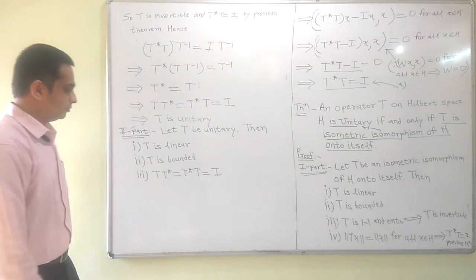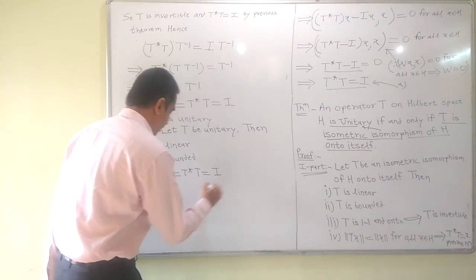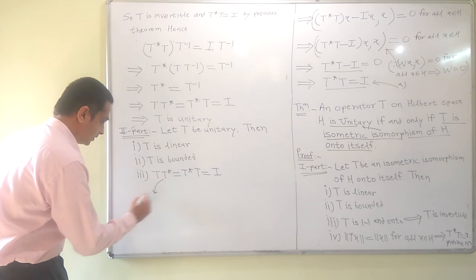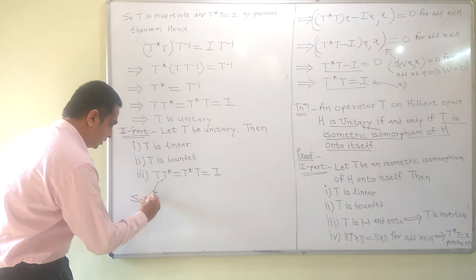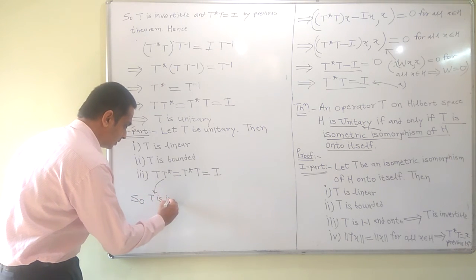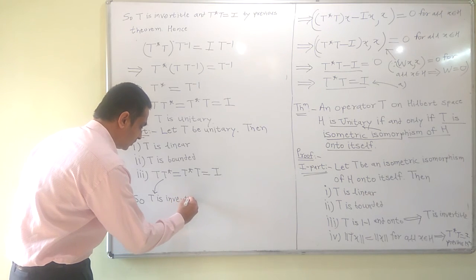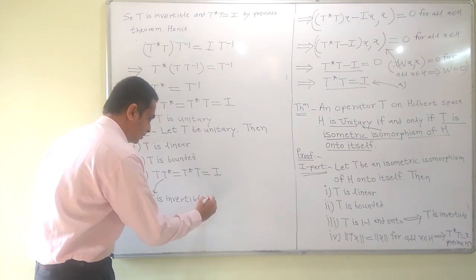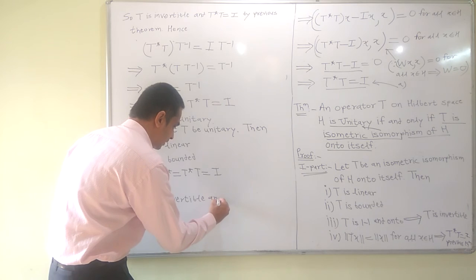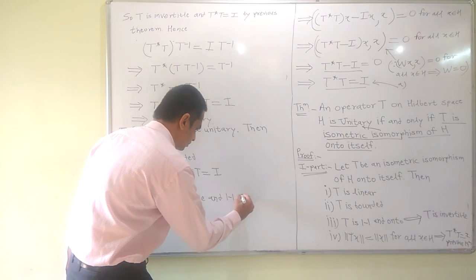So due to the third property, T is invertible, that is 1-1 and onto.